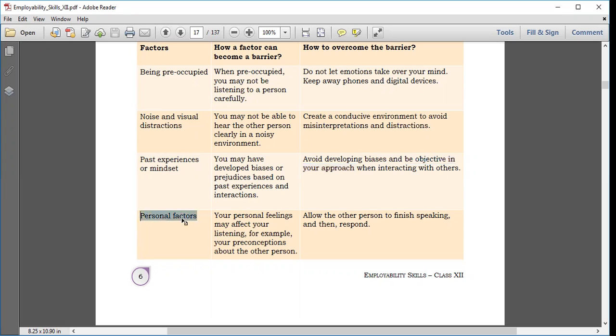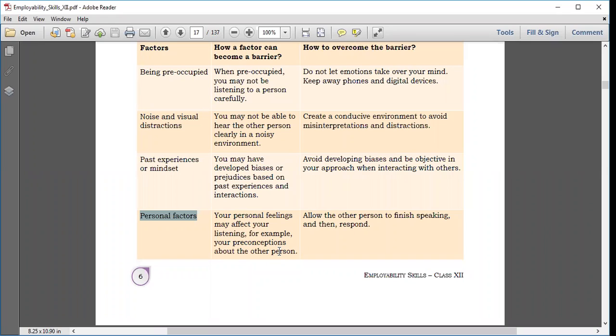Then personal factors, your personal feelings may affect your listening. Preconceptions about others, ये भी लगभग वही point है.